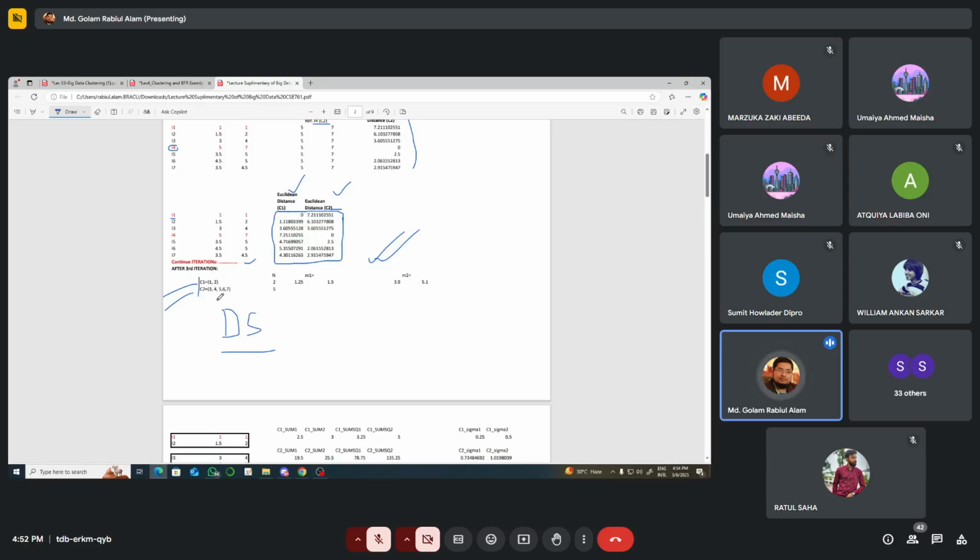And here we can see the cluster center of C1 is M1, and the value of the first dimension is 1.25 and the second dimension is 1.5.